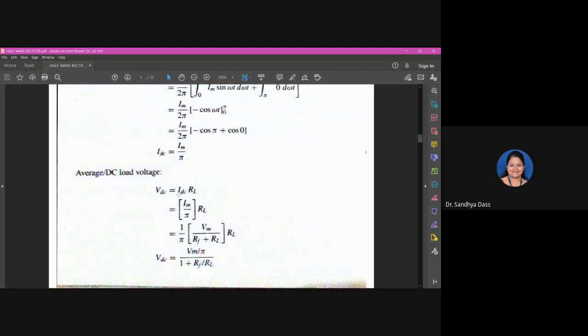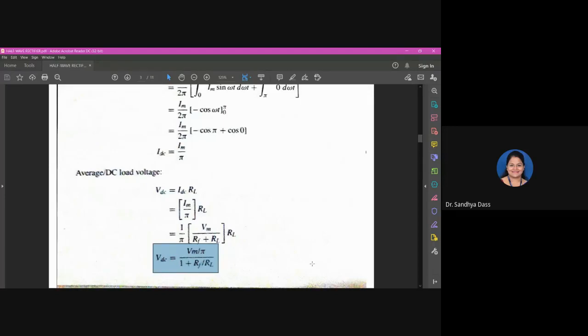So VDC will be IDC into RL, right? So substitute IDC there, Im by pi. Simplifying things, where you replace Im with Vm by Rf plus RL, the average DC output voltage VDC is given by Vm by pi divided by 1 plus Rf by RL. So this is your average DC output voltage.